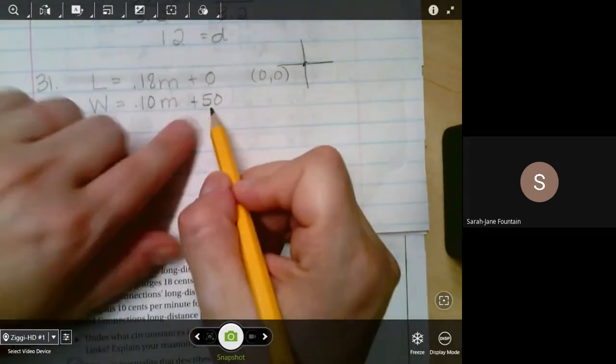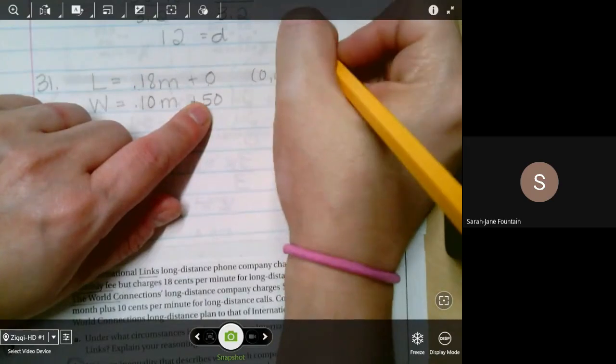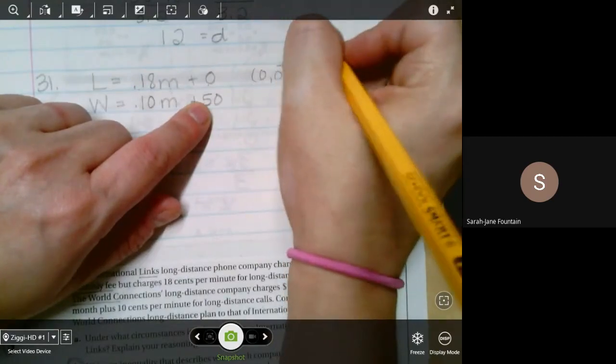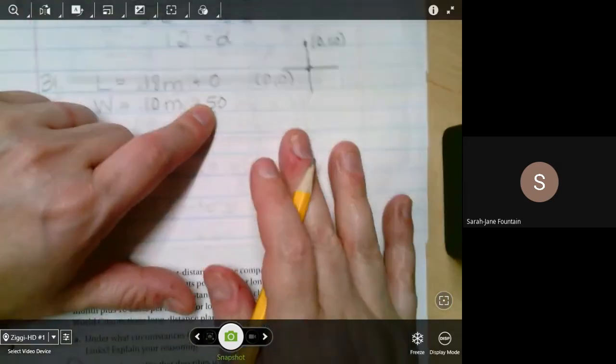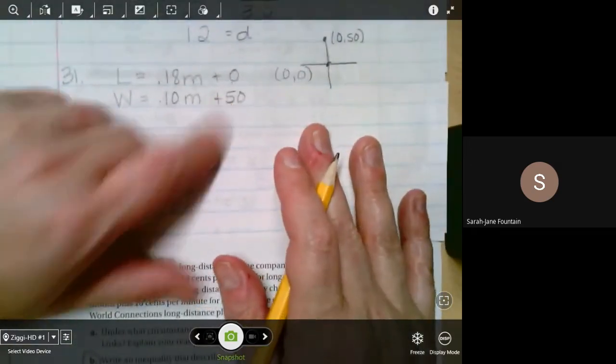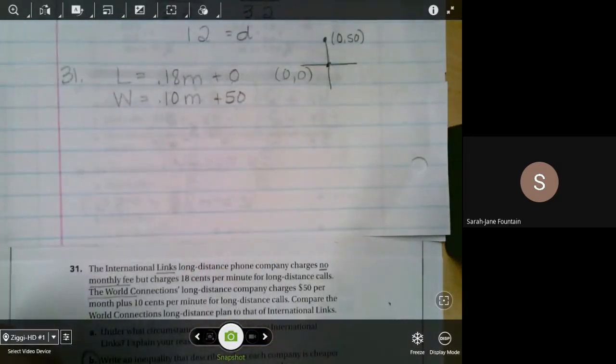Because this is what y is when x is 0. Because that's how much they're getting charged a month without even using their phone. That is my flat rate. That is my service charge, whatever you want to call it, whatever makes your brain work and pop.